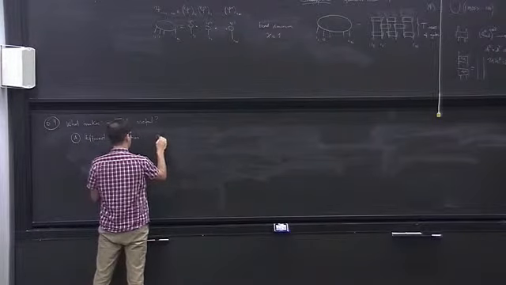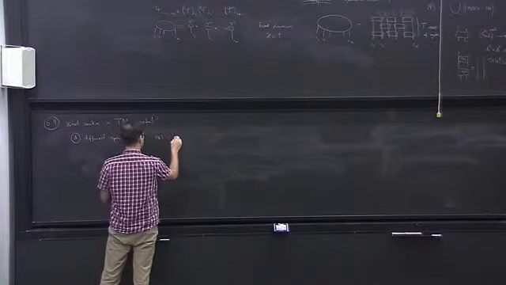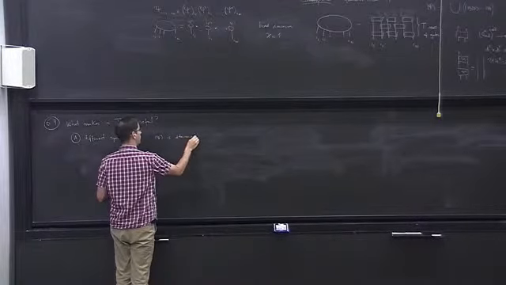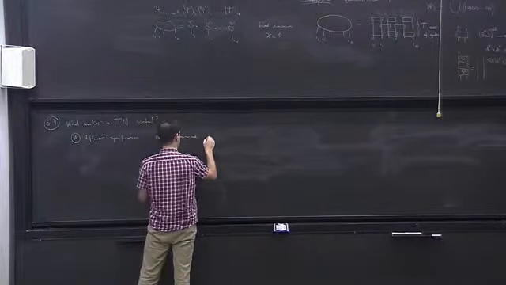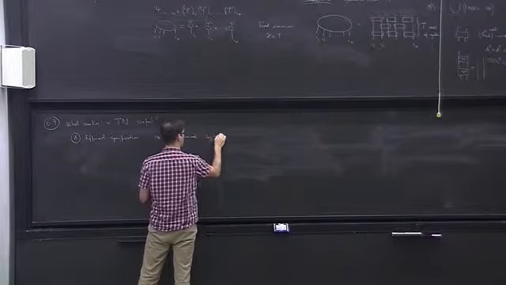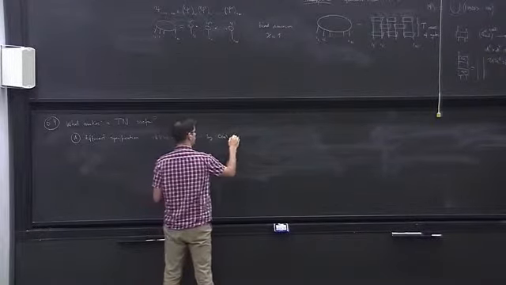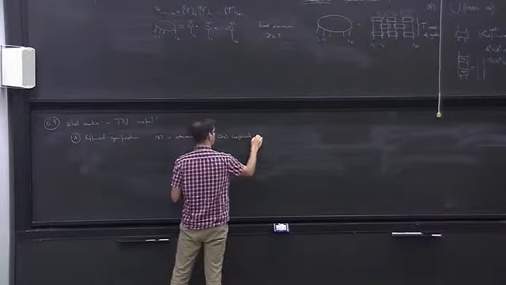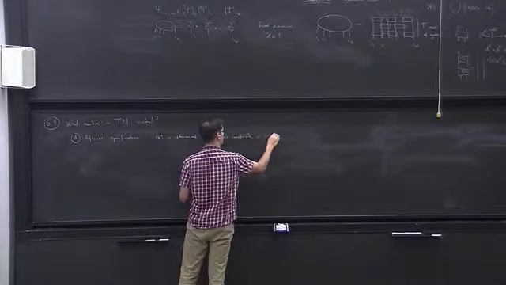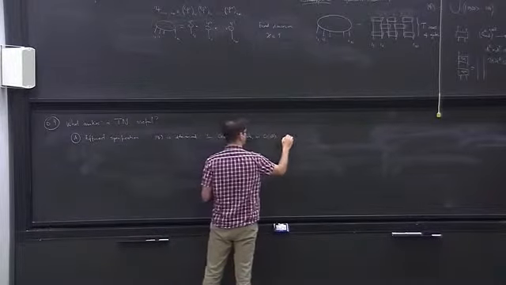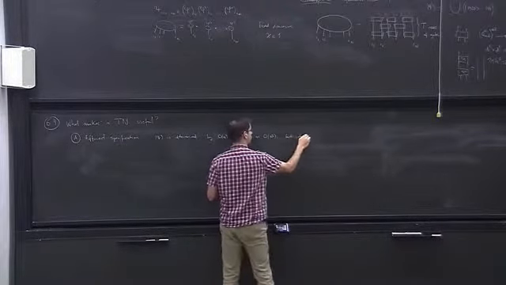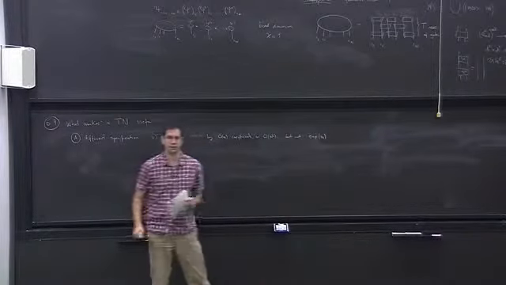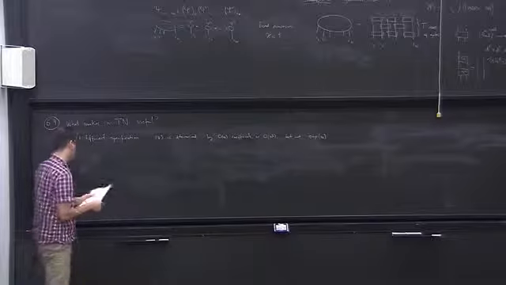Maybe we want to see that psi is determined or specified by, for instance, order n parameters, coefficients, or maybe order n squared, but not exponential in n. That's the first thing we want. We want an efficient description.